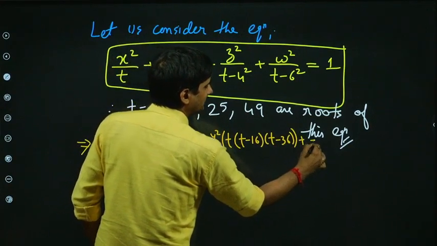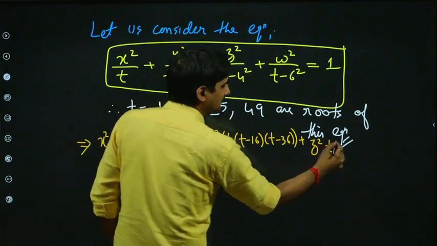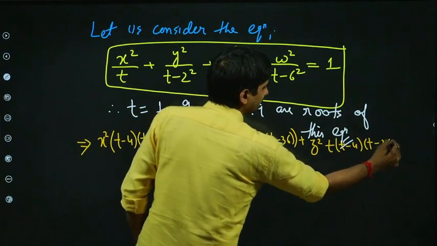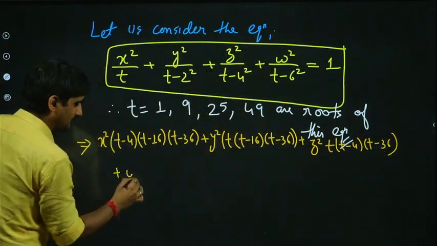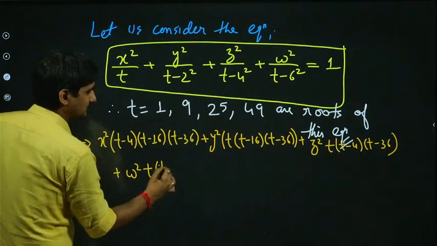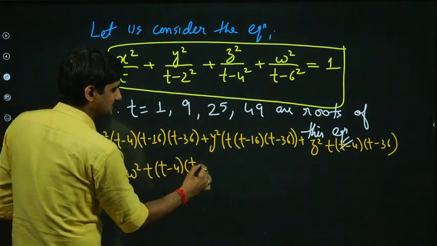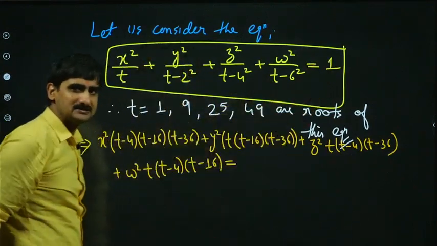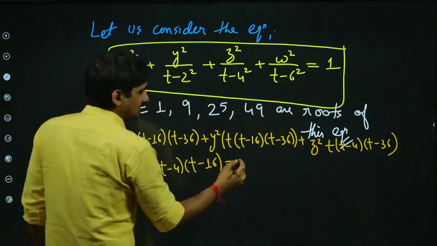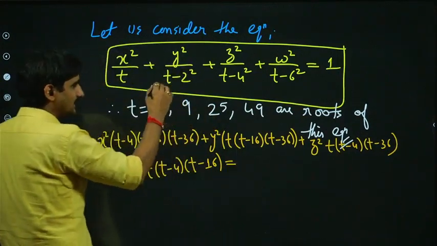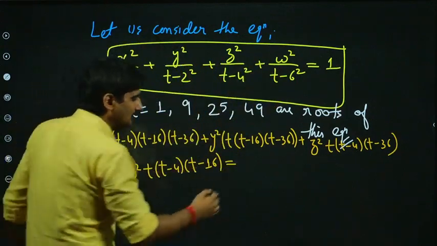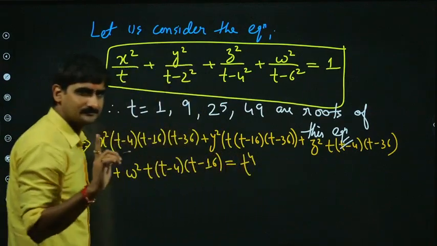Similarly, for z square it will be t into t minus 4 into t minus 36, plus w square into t into t minus 4 into t minus 16. Then take the LCM to the right hand side. You will get the product t into this, into this, into this, into this. If I open it, I will get t raised to the power 4.